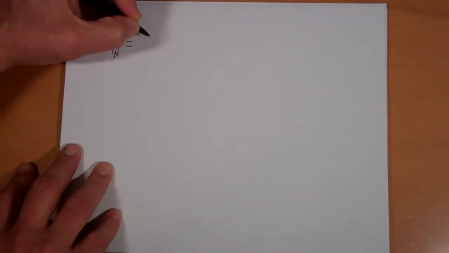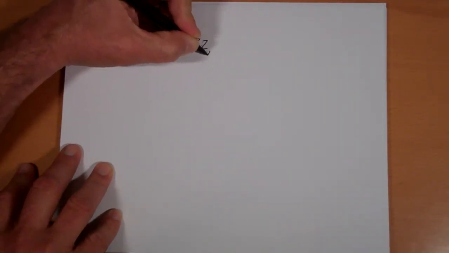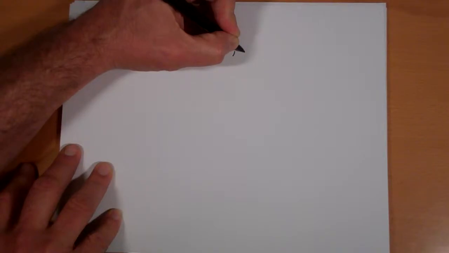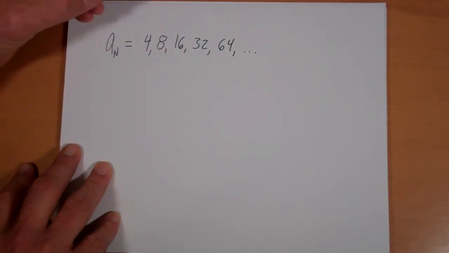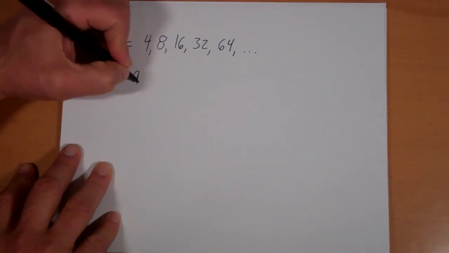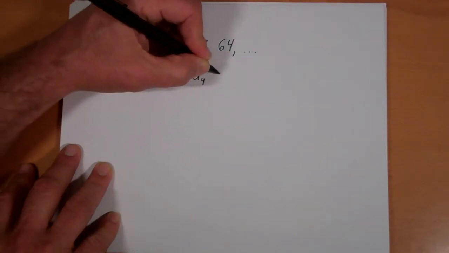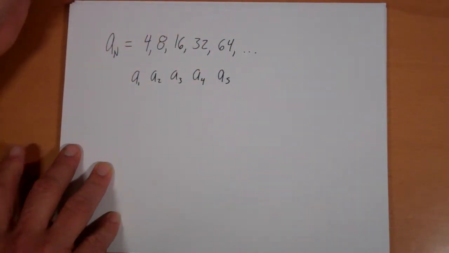A little more formality here. Let's say again you have a sequence a sub n is equal to 4, 8, 16, 32, 64, dot, dot, dot. And then this is A1, A2, A3, A4, A5.